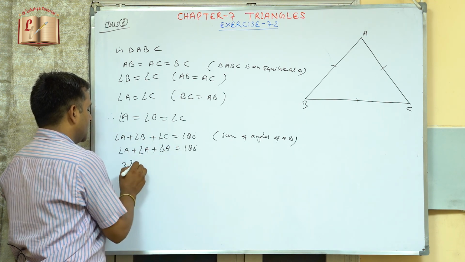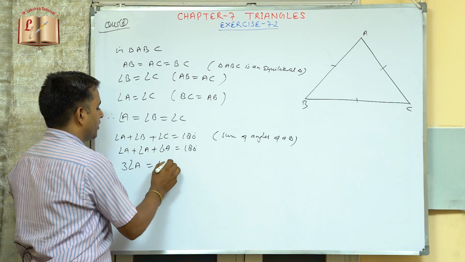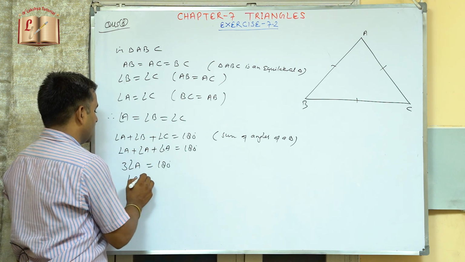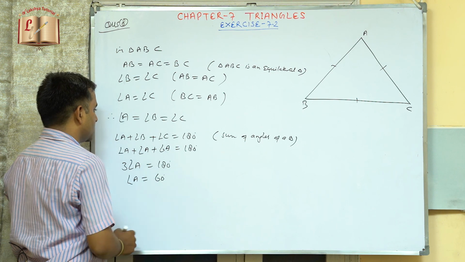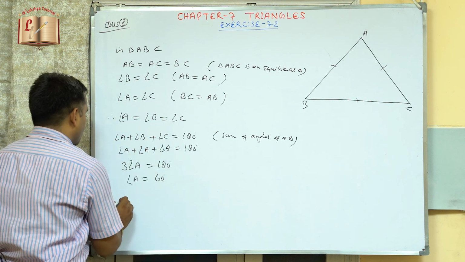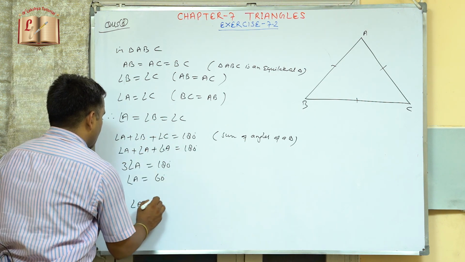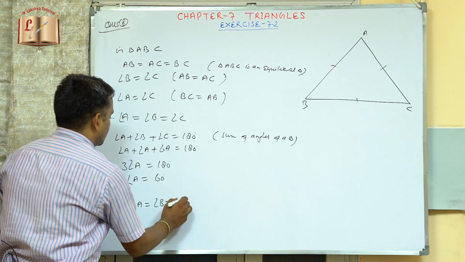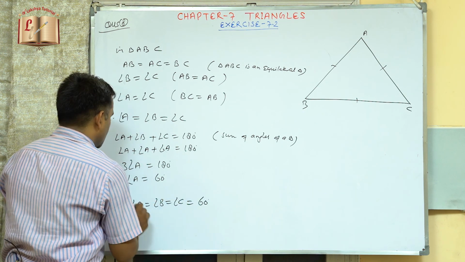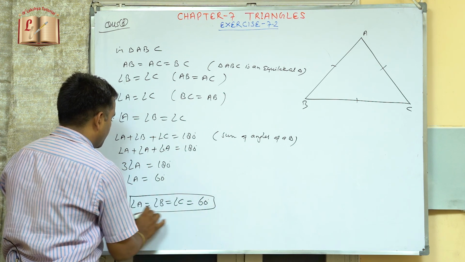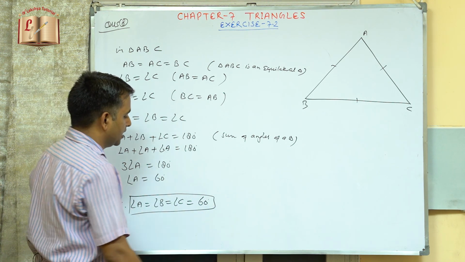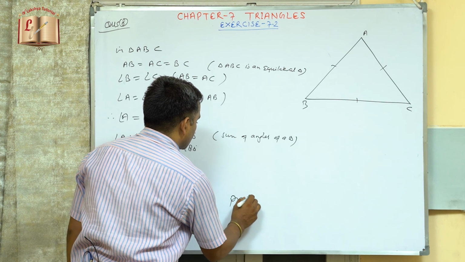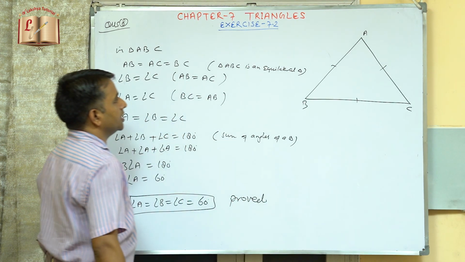So we got thrice of angle A equals 180 degrees. Therefore angle A is equal to 60 degrees. Since all these angles are equal, angle A equals angle B equals angle C equals 60 degrees. So we have proved that in an equilateral triangle all the angles are 60 degrees.